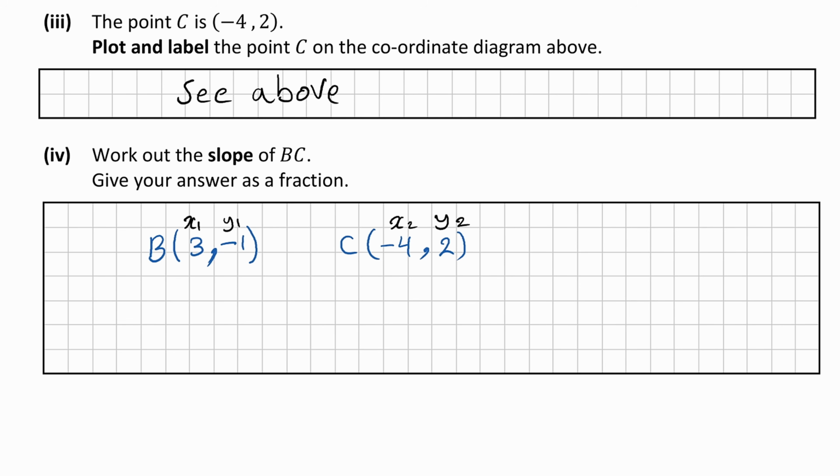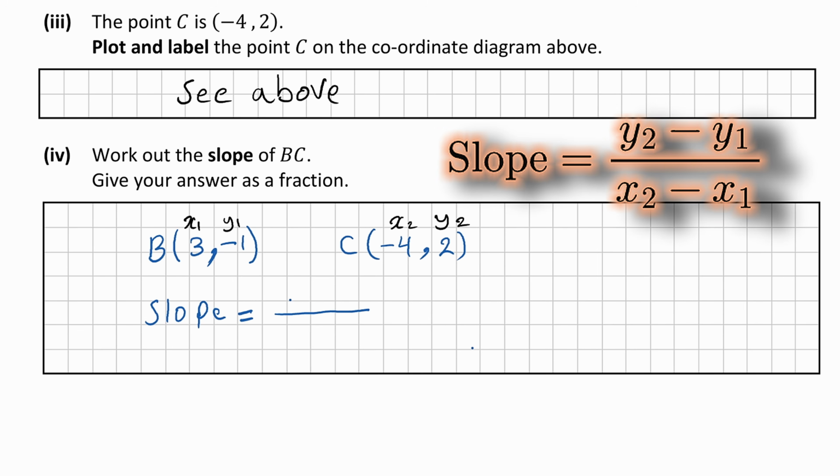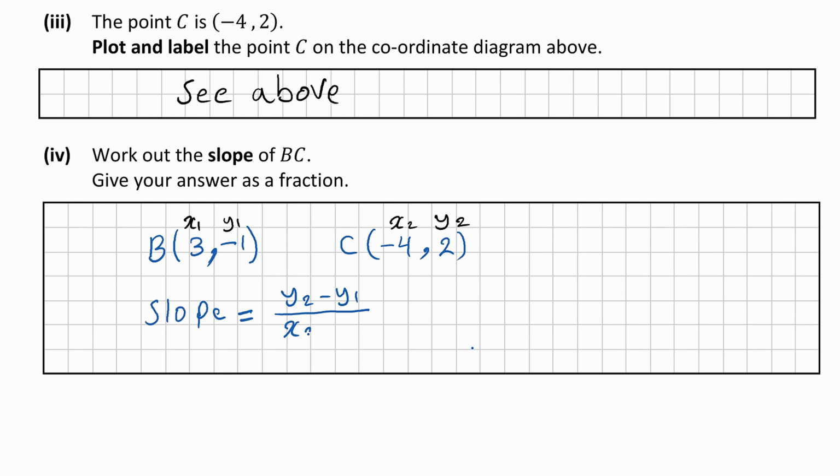The formula to find the slope, as you know, is: slope equals y2 minus y1 over x2 minus x1. And we write down the values.